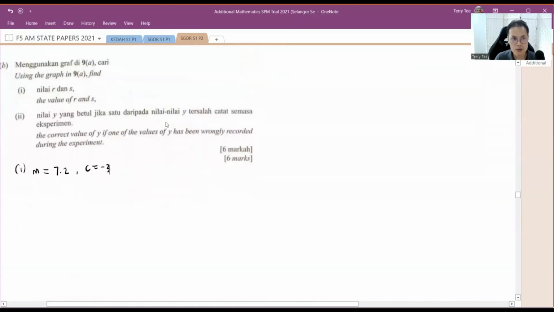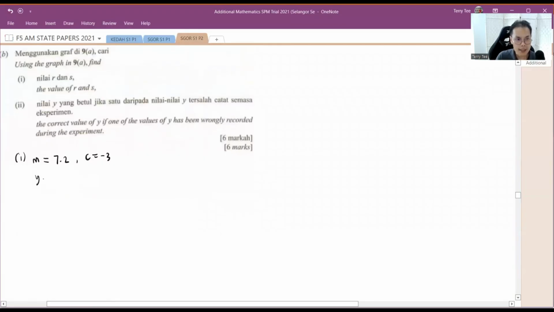Let me write it down: y minus set r equals rs over x. So I need to convert this to linear form. Remember, your big Y or your y-axis is xy. So number one, I can bring it over. So this is y equals set r plus rs over x.